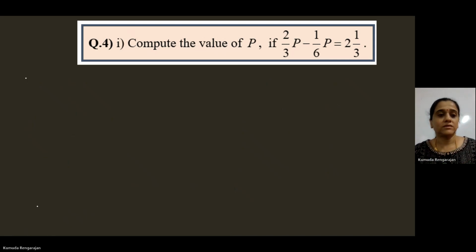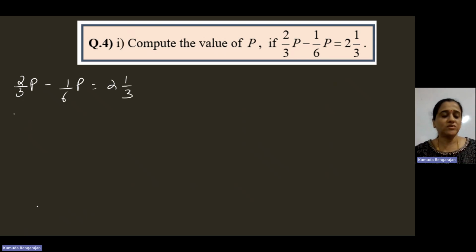So 2 by 3 p minus 1 by 6 p is equal to 2 1 by 3, which means 2p by 3 minus p by 6 is equal to 7 by 3.